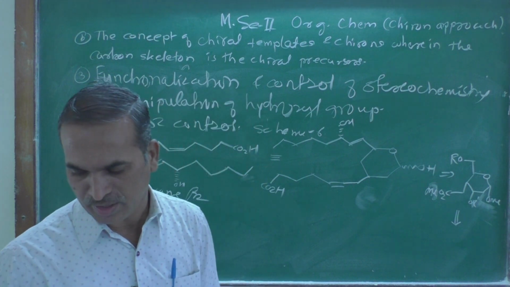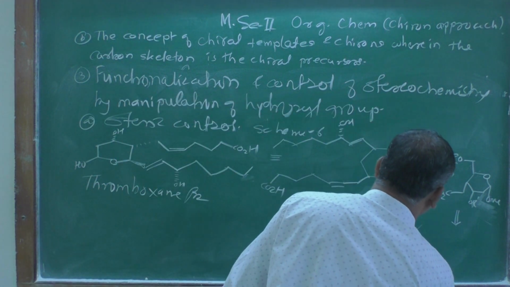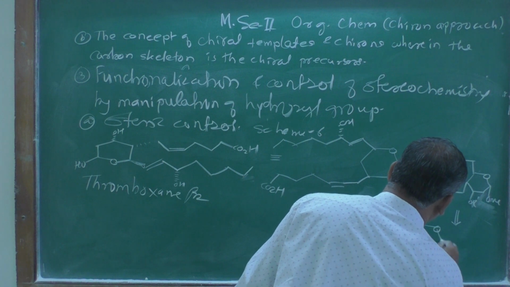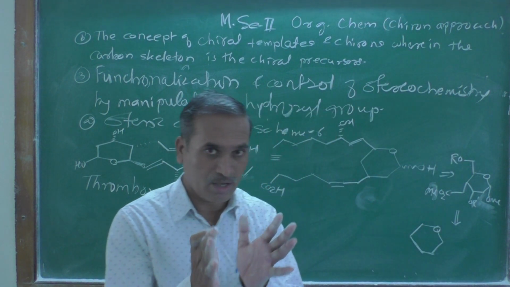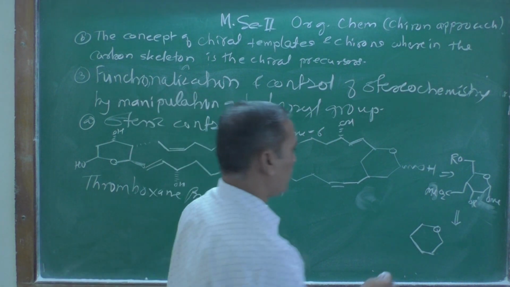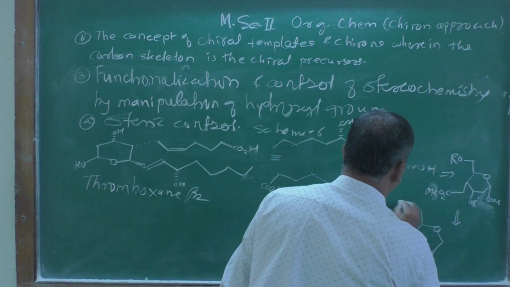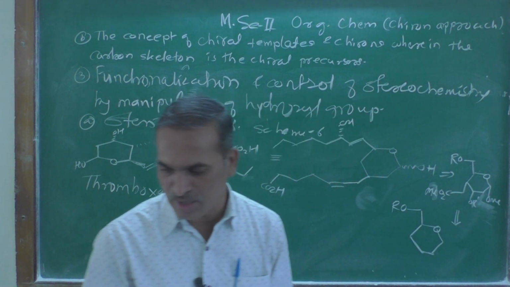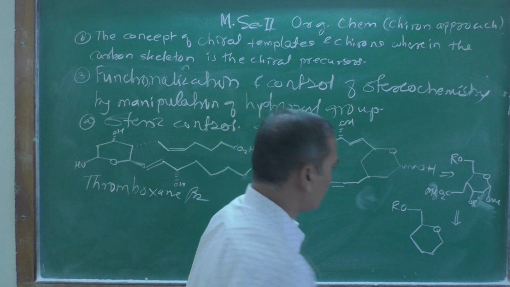I am showing over here the group which is like this. Your approach should be as a chiron, and therefore here RO as it is. And now what are the changes I am going to make here?